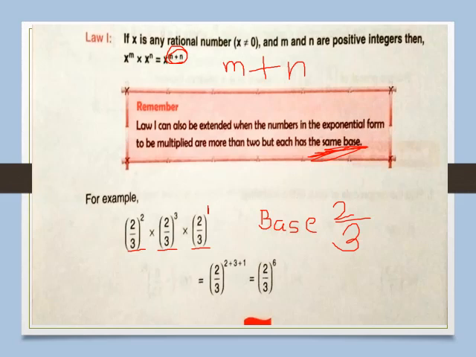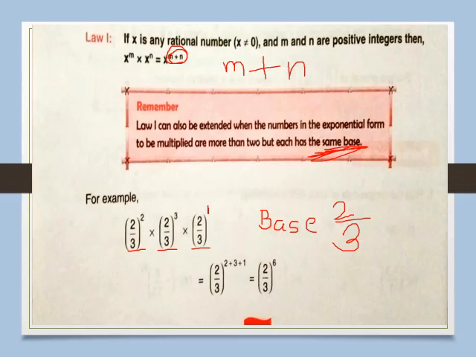Here see, 3 numbers are there. Here no power is written, and no power means power 1. The base is the same, and that same base is 2 by 3.